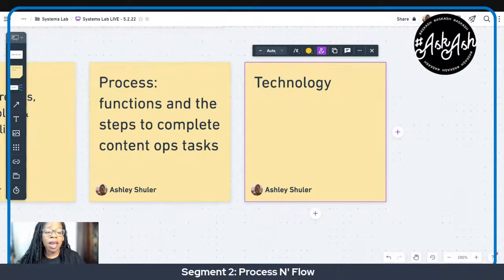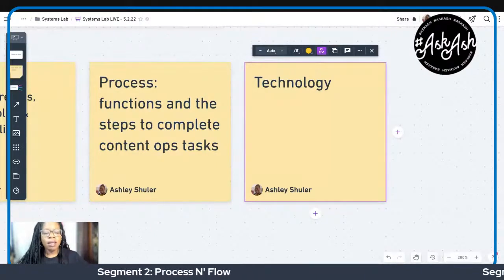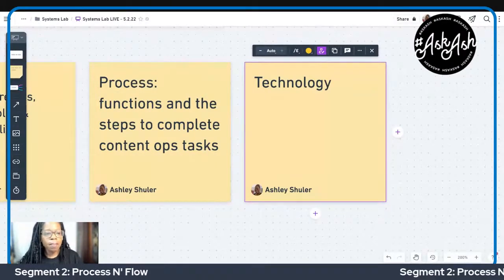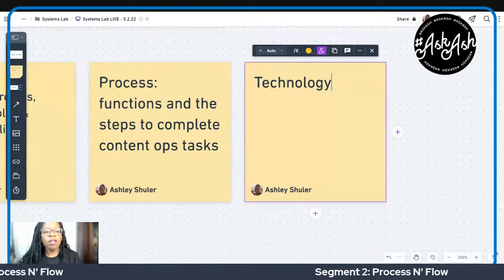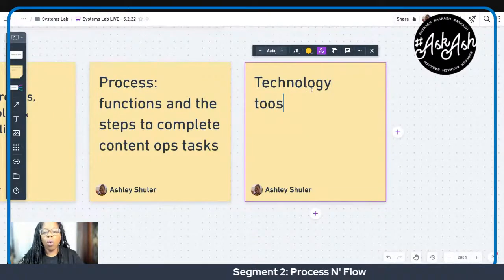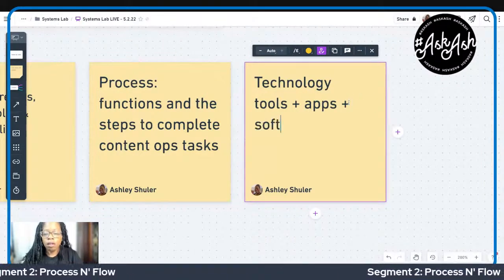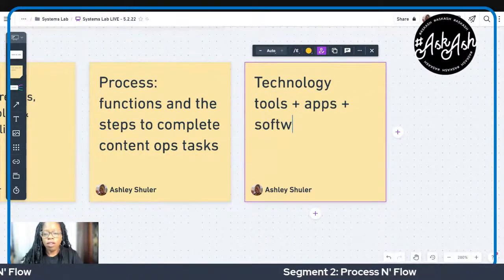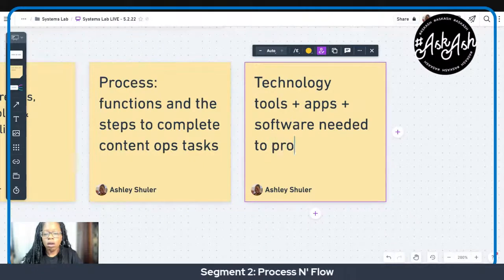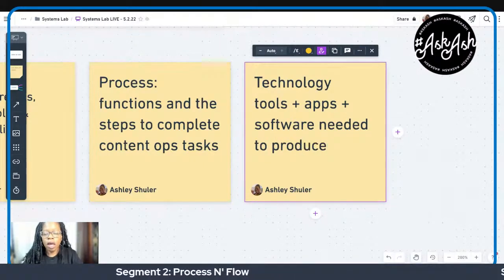Because as I started studying this, I was like, this is game changing. So this is all about the tools, apps, and software needed to produce the content.